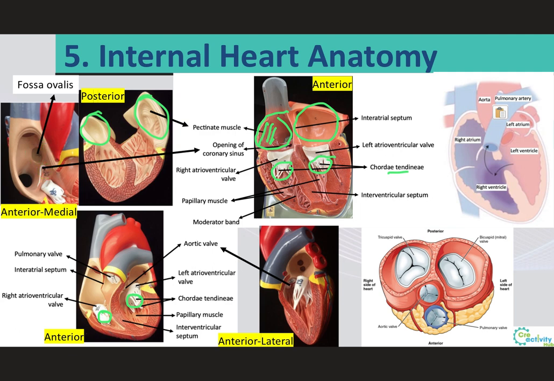From the 5th week of embryonic development until birth, there is an oval opening, which is called the foramen ovale. Remember, foramen for opening or hole, and ovale is the shape, which is going to be located in this interatrial septum.